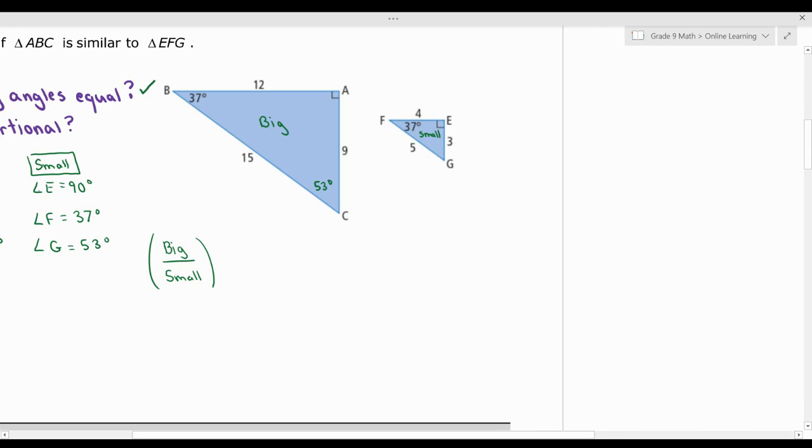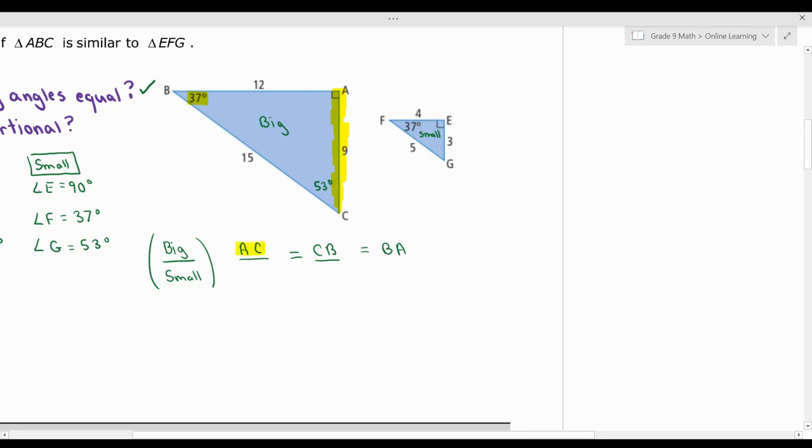Okay, so let's start with A to C first. I'm going to compare that, then go C to B. I'm just going in a clockwise rotation, and then B to A. Okay, well, here's the thing. If this is AC, I'm going to check its opposite, the 37 degrees.